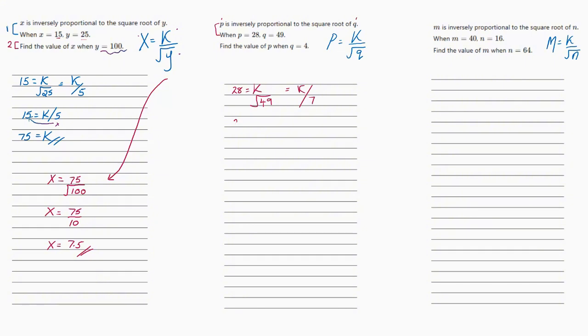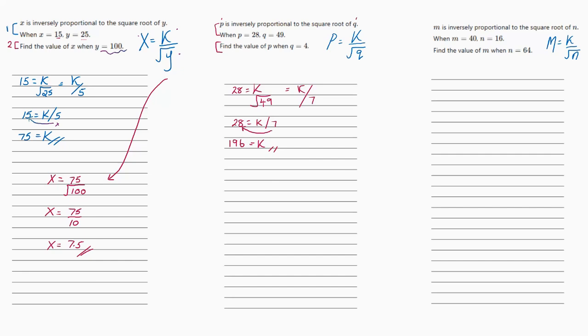So we now have 28 equals k over 7. We're going to multiply that and we're going to get k equals 196. So we found k, so now we can plug in our second part of the question.